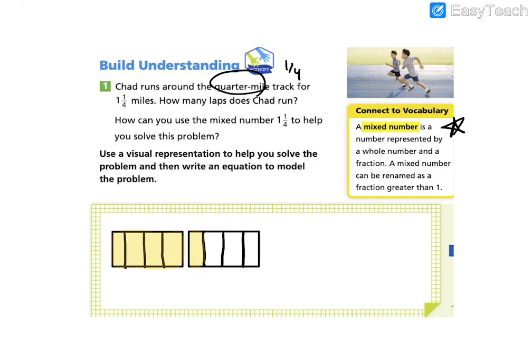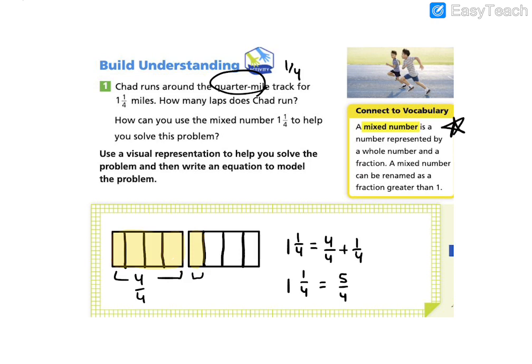So our equation would look like 1 1/4 is equal to this fraction here of 4/4 plus this fraction of 1/4. So 1 1/4 as a mixed number is equal to 5/4.